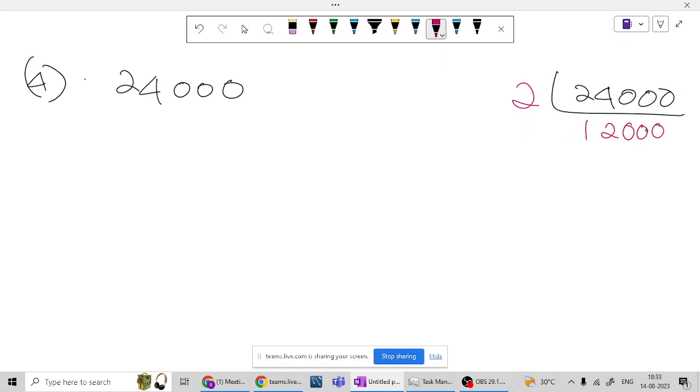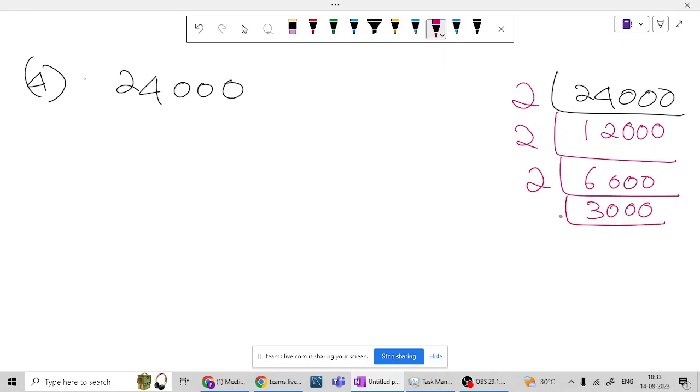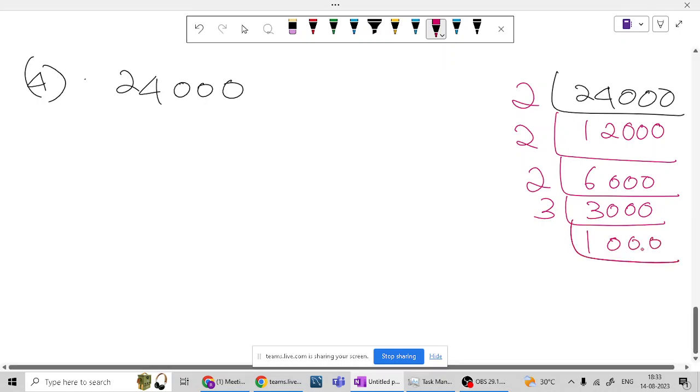And the zeros remain as they are. Don't worry about zeros. Just look at these numbers. 2 into 6, and 6 is 2 into 3. Then we have 3, so you can take 3 into 3 into 1000.